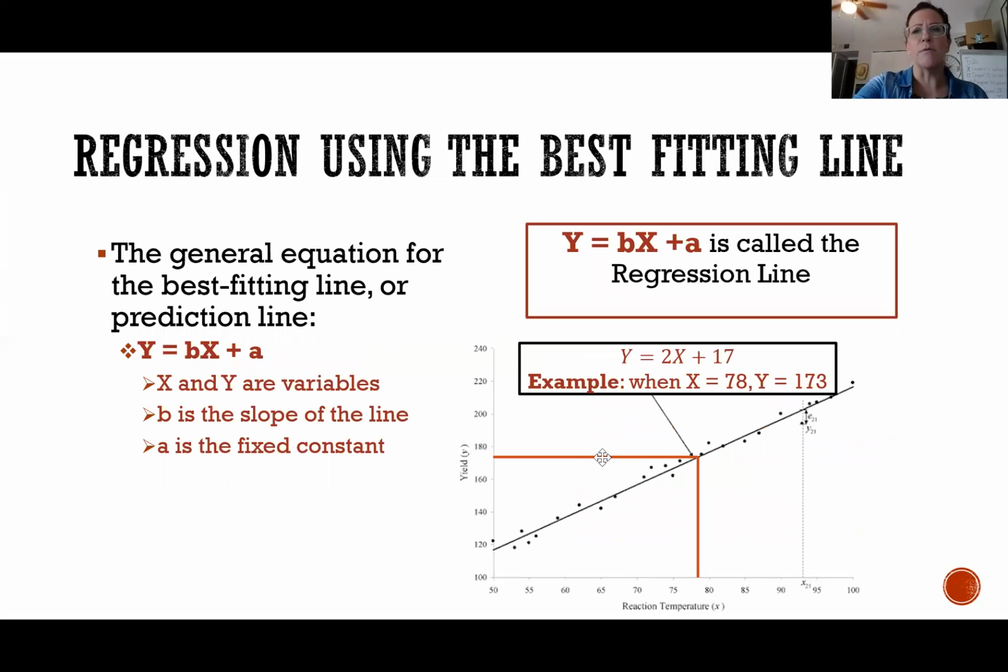This probably looks familiar to you. You've probably done a regression equation or a regression line before in algebra. It just looks a little bit different in statistics for behavioral sciences. The regression line or regression equation is also known as the best fitting line, the line that goes through the center perfectly.